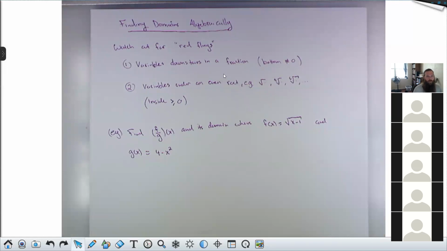Root, R-O-O-T. So variables under an even root, that's a red flag. If you see something like x minus 1 underneath an even root, like we have here, that means that we need to be careful. We need to look out for that red flag.